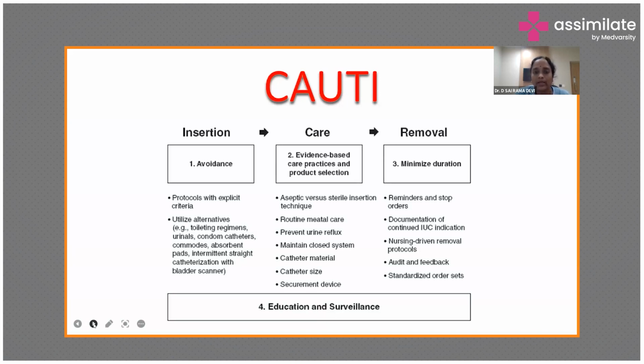And this is the entire system, how you take precautions in every step: the insertion, the continuity, minimizing the duration, educating the staff, and surveillance. Next.